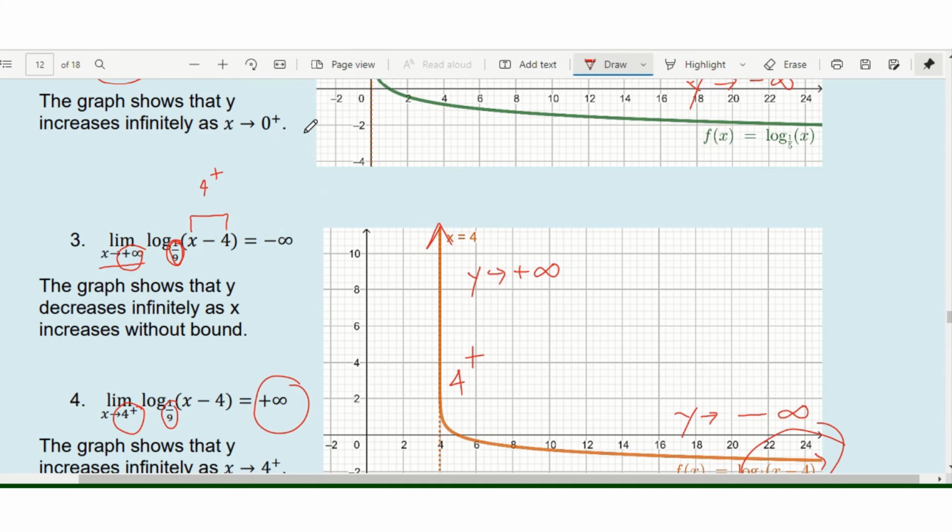So halos katulad din siya ng sinasabi niya sa number 3, no? Na kapag magkaroon ka a logarithm of a number that keeps on increasing, samantalang ang base mo is less than 1, ang tendency is pababa ang values ng y. Okay?